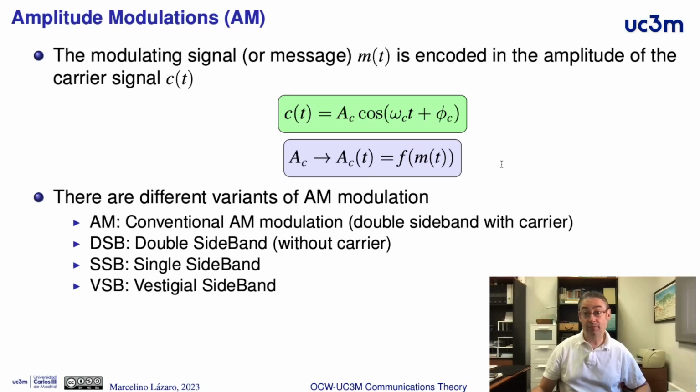The conventional amplitude modulation, also known as double sideband modulation with carrier, the double sideband modulation without carrier, the single sideband modulation, and the vestigial sideband modulation. These are the most common variants of amplitude modulation, and these variants will be analyzed in this subject. Therefore, in this chapter, we will see 4 variants of amplitude modulation and 2 variants of angle modulation.